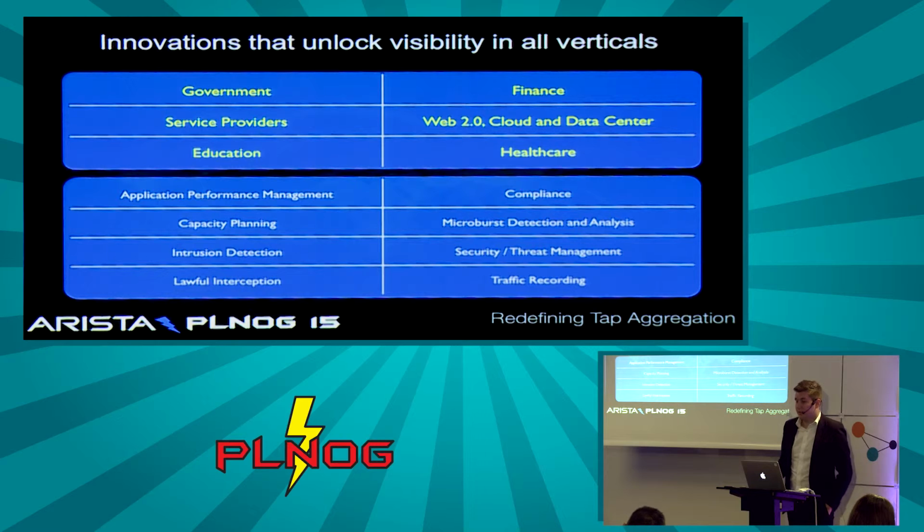Service providers, for example, Web 2.0, cloud, data center businesses, we find that these platforms are extremely useful in being able to capture, record, and troubleshoot a network problem much more quickly. So, for example, performance issues, regulatory reasons, compliance, capacity planning, lawful intercept, recording of traffic, security, threat mitigation, all of these use cases can benefit from a much richer visibility platform.